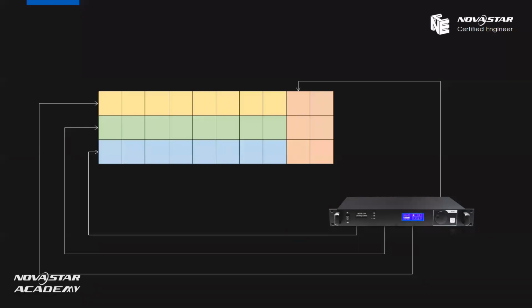So all these are very basic but very important information for you to remember. I hope all of you got it. Okay, so this is the basic knowledge of a NovaStar control system.